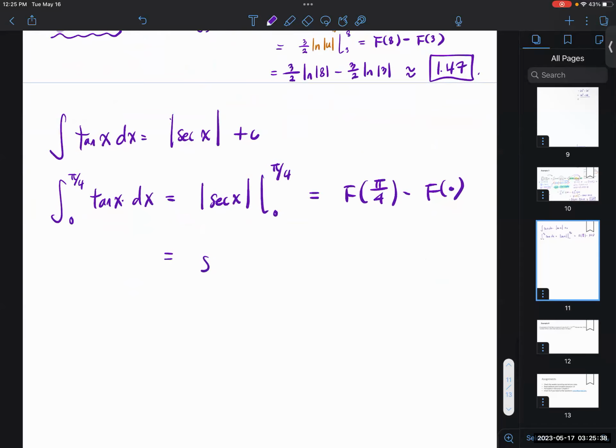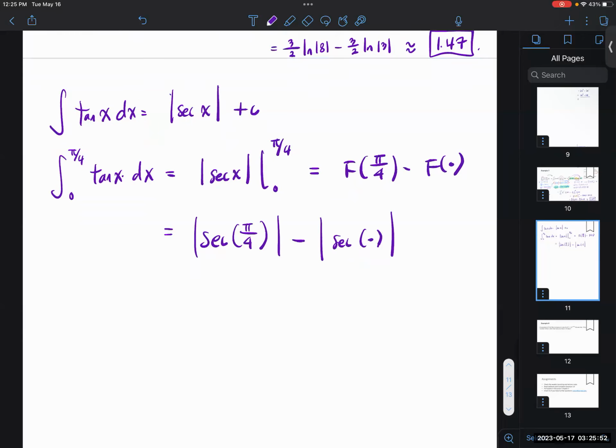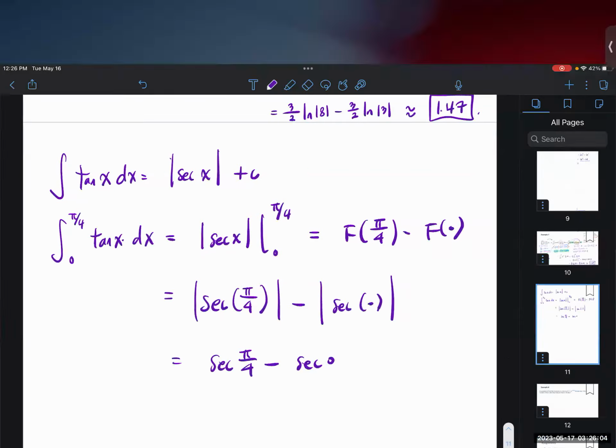So that means secant pi over 4 minus secant 0. So all you need to do, you're going to go to decimal. You don't need to write absolute value anyway, because it's going to be a positive number. So let's type that information.